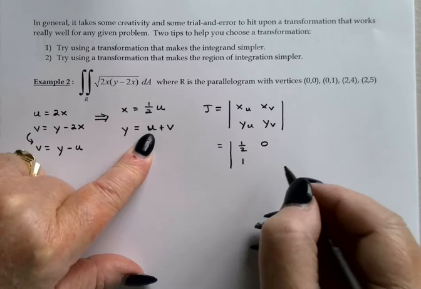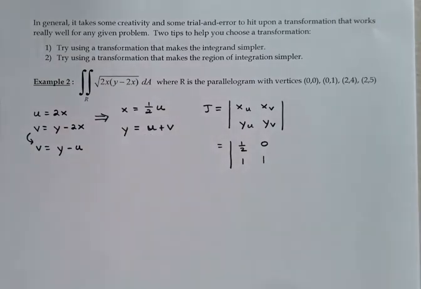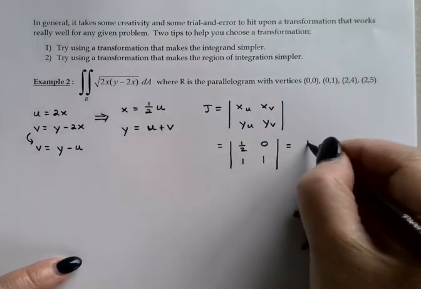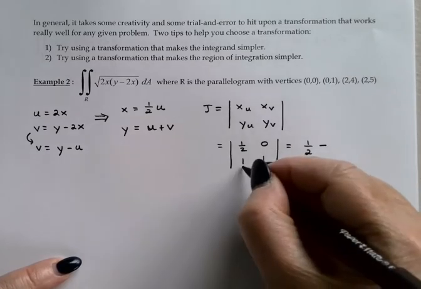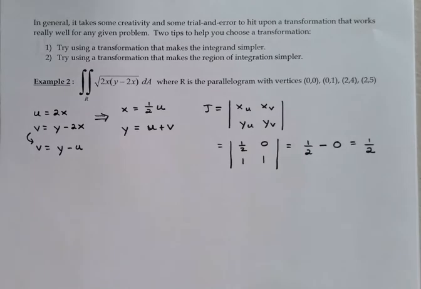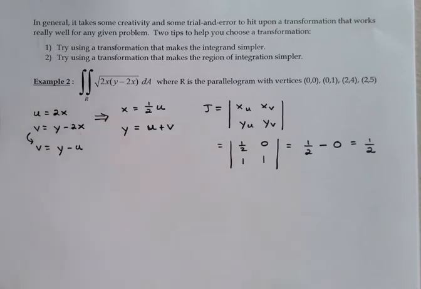Y sub u is 1, and y sub v is also 1. One half times 1 is 1/2, minus 1 times 0 is 0. So the value of the Jacobian in this case is just 1/2. All right, so that's half the battle. The second half of the battle is to figure out what the R is going to turn into.